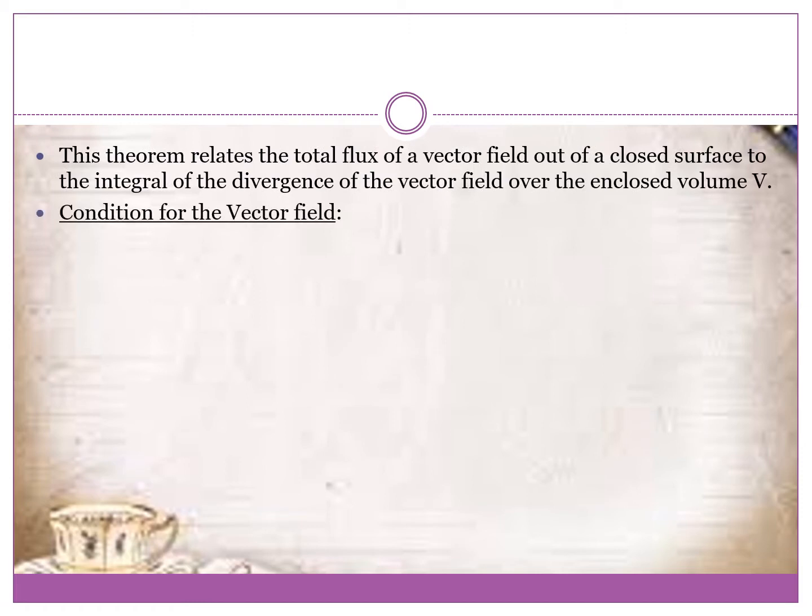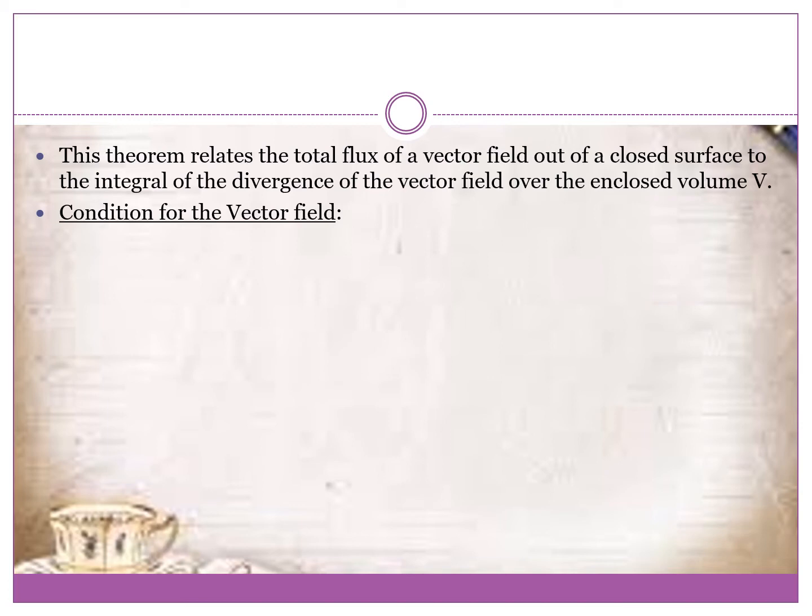Well, there are certain conditions for a vector field A. What are the conditions that we can impose on A so that this theorem is valid for a vector field A?